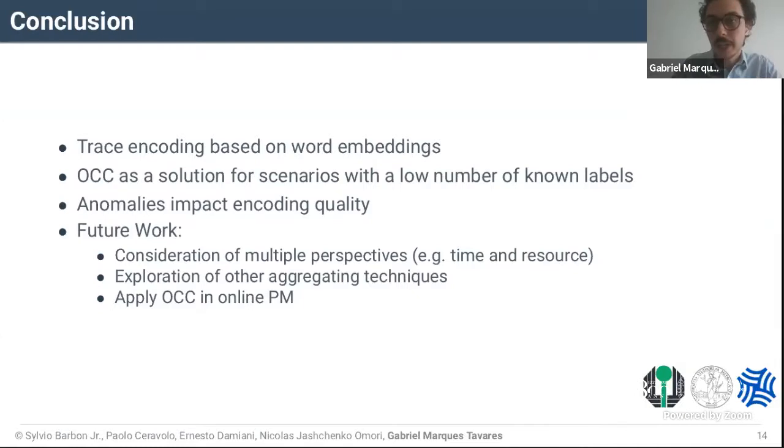Our assumption here and some of our findings highlight that even though infrequent behavior could be considered an anomaly, Word2Vec encoding can, in most cases, still capture this infrequent behavior as normal behavior, if it is normal, mostly because of the context of the words or the activities considered in the encoding algorithm.